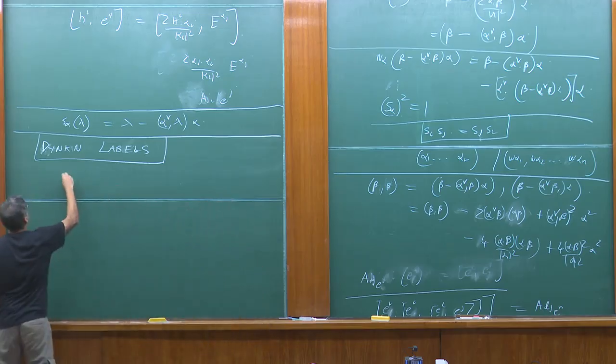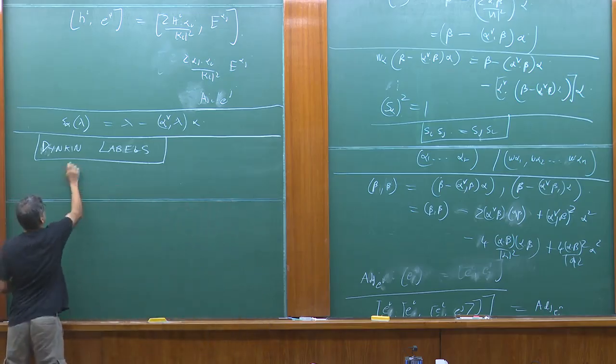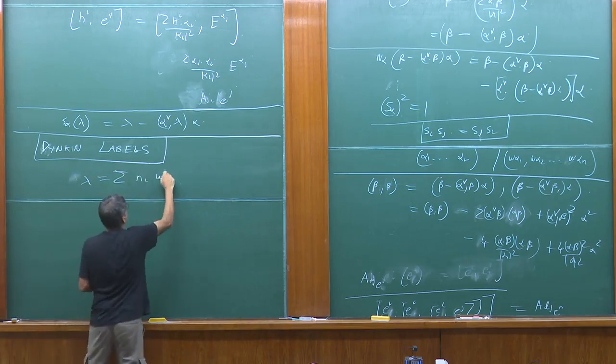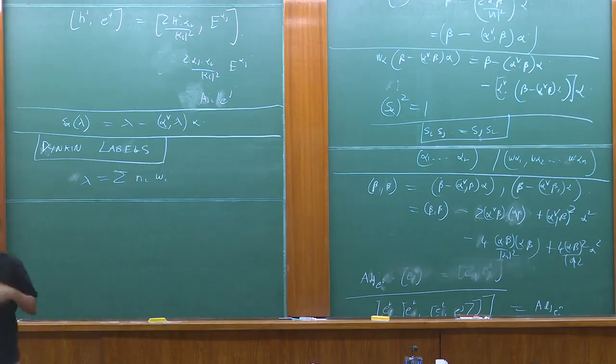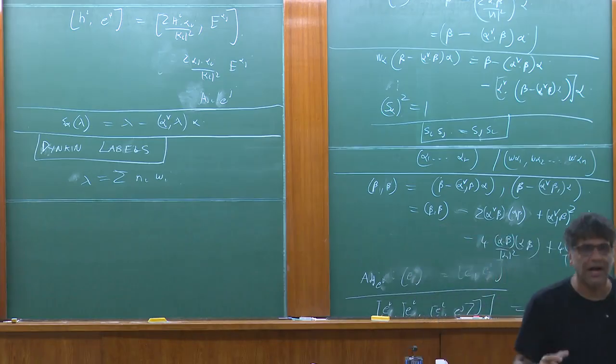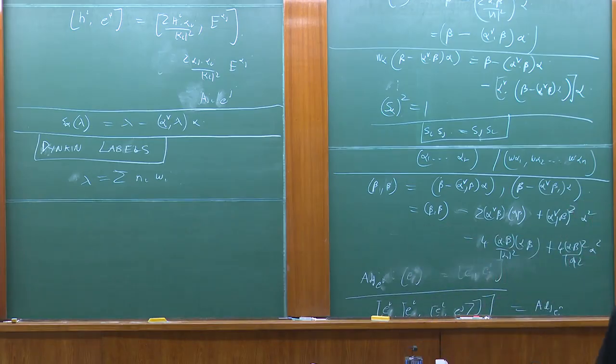If you take a weight and you expand it as the sum of N_i W_i, where W_i are the fundamental weights, then these integers N_i are called the Dynkin labels of that weight. This is just a fancy name for this quantity.